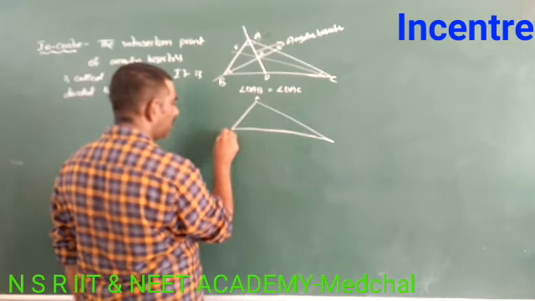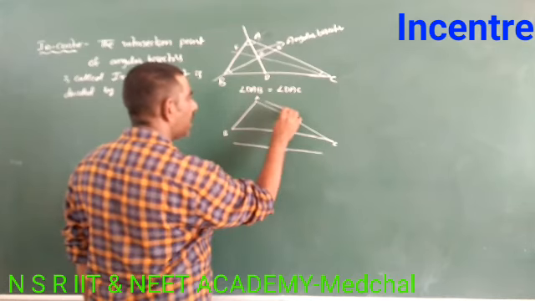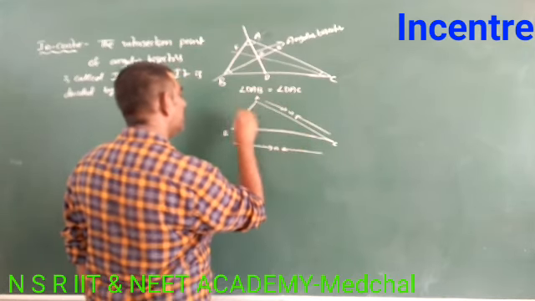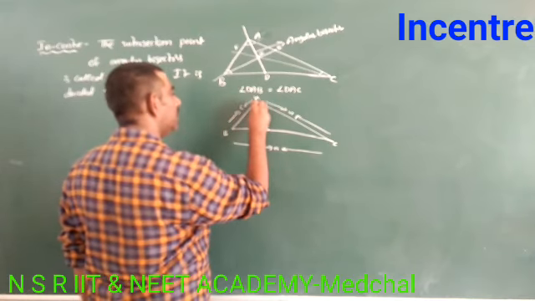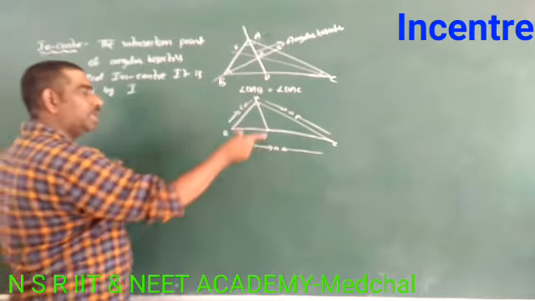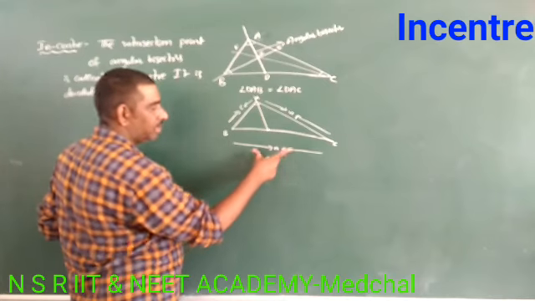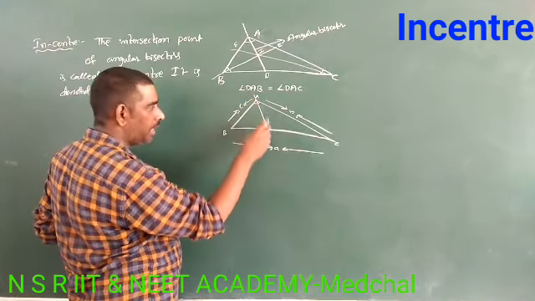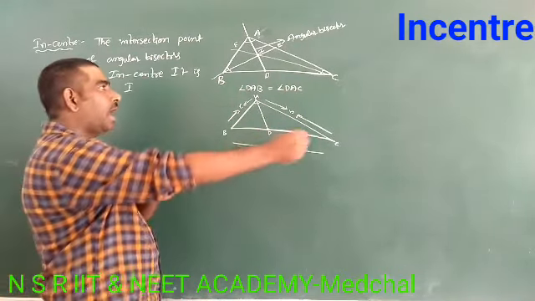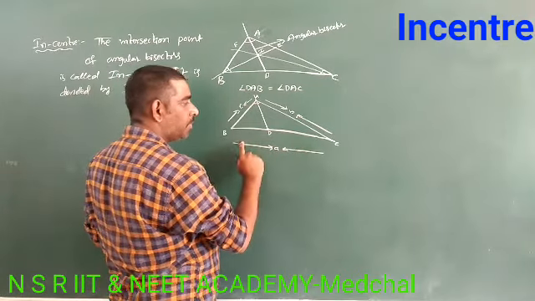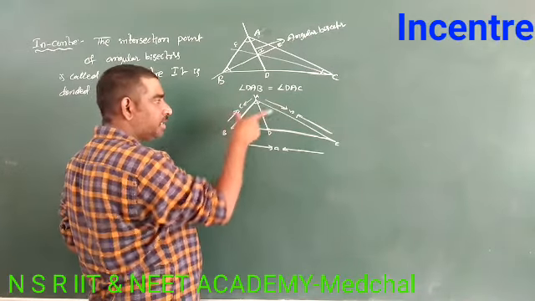Suppose this is triangle ABC, the length of side BC is small a, this one is small b, and this length is small c. AD is an angular bisector. In a triangle, an angular bisector divides the opposite side, here BC, in the ratio of the lengths of the containing sides, meaning the remaining two sides.